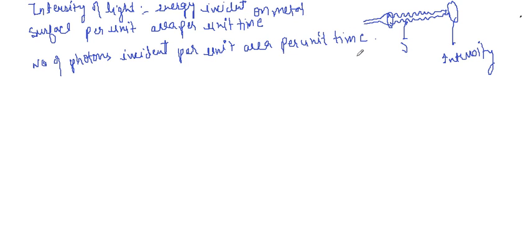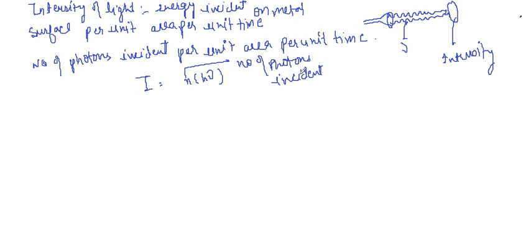Energy incident on the surface per unit area per unit time. So intensity is defined as N into h nu, where N indicates number of photons incident, and h nu represents the energy of one photon.